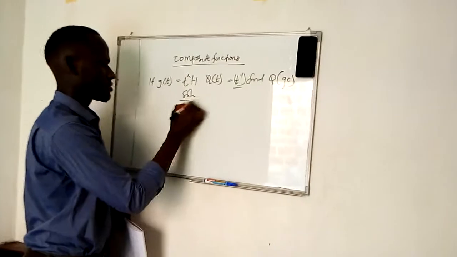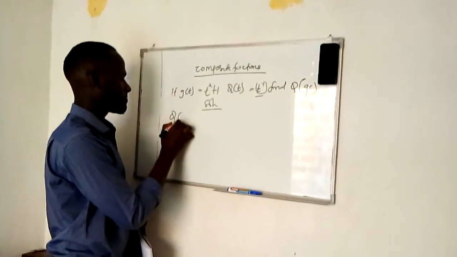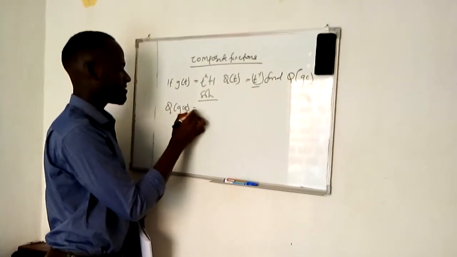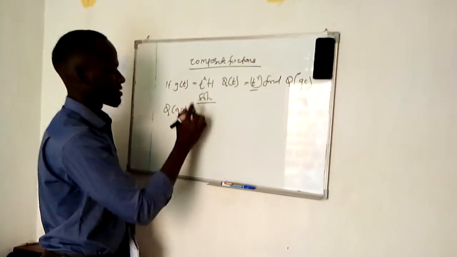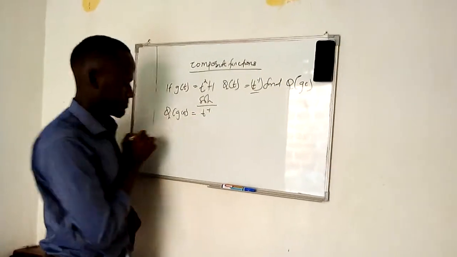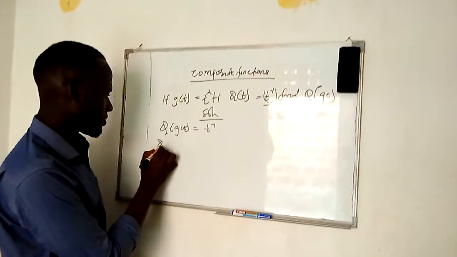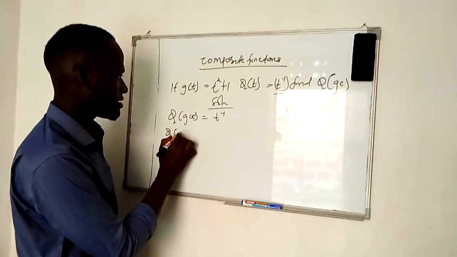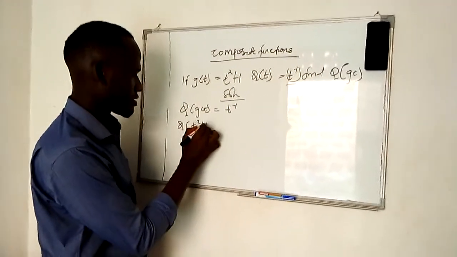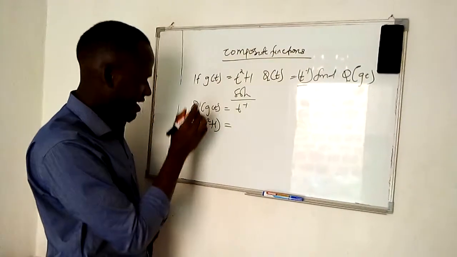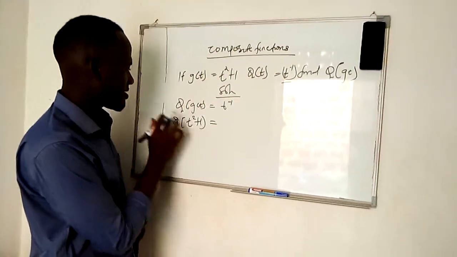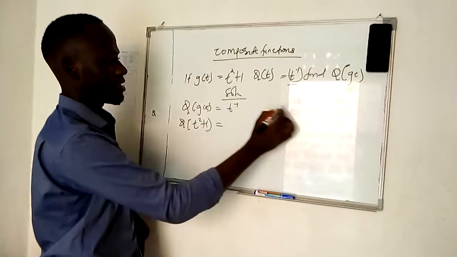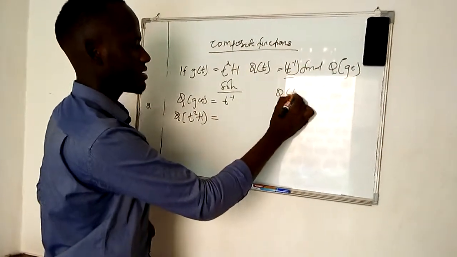So solutions, our q of g of t is given by, what is the value of q? T inverse. So we just have our q into the value of g of t. What is our g of t? Our g of t is t squared plus 1. Here I have been explaining, you have something like q of t.